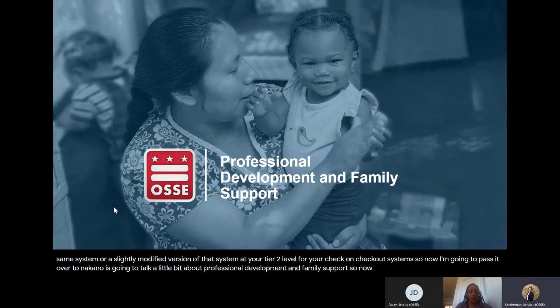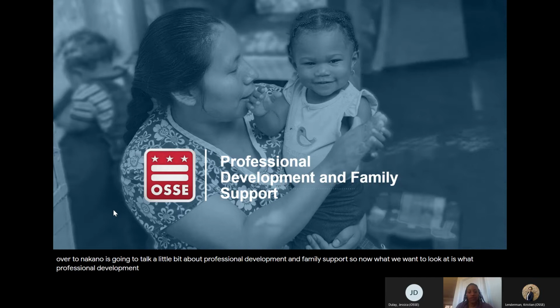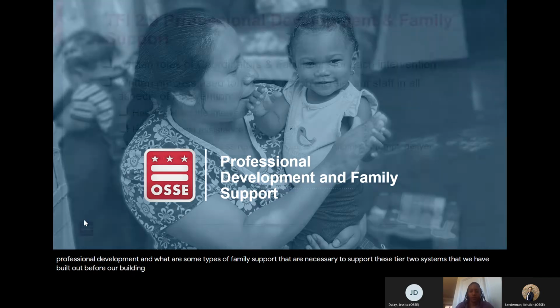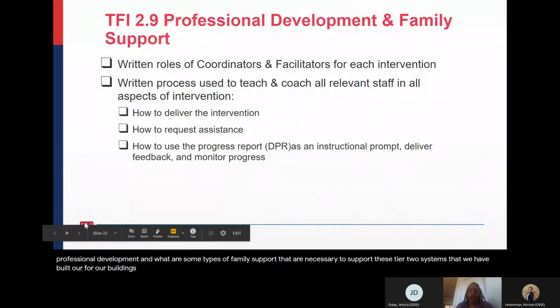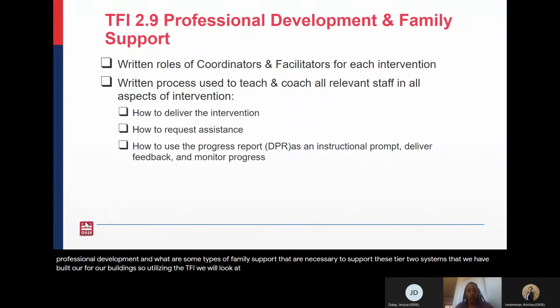So now what we want to look at is what professional development and what are some types of family support that are necessary to support these tier 2 systems that we have built out for our buildings. So utilizing the TFI, we will look at subscale 2.9, which once again looks at the professional development and family support.